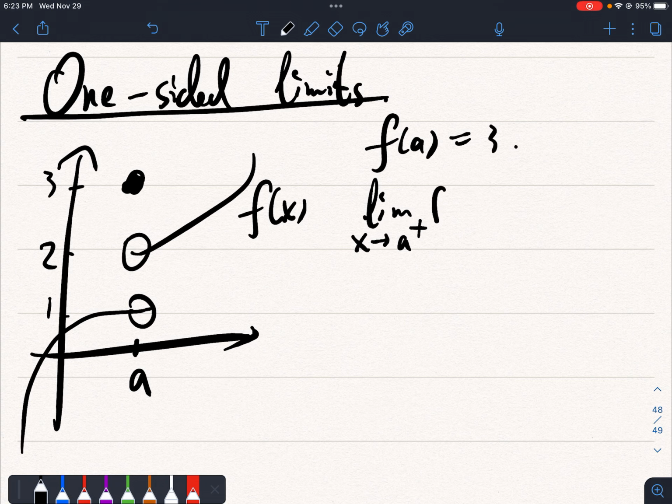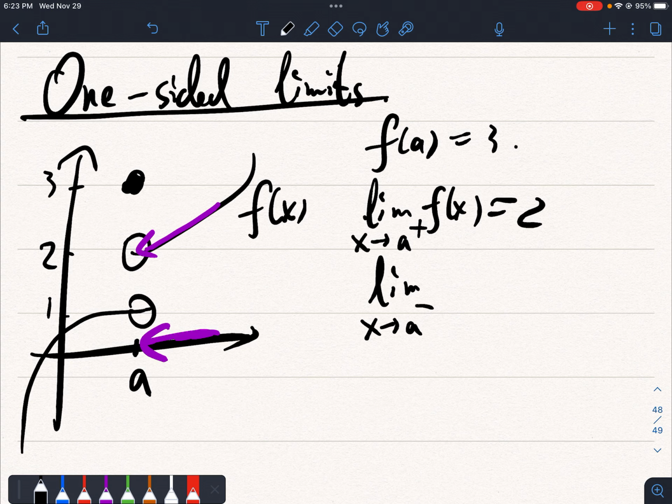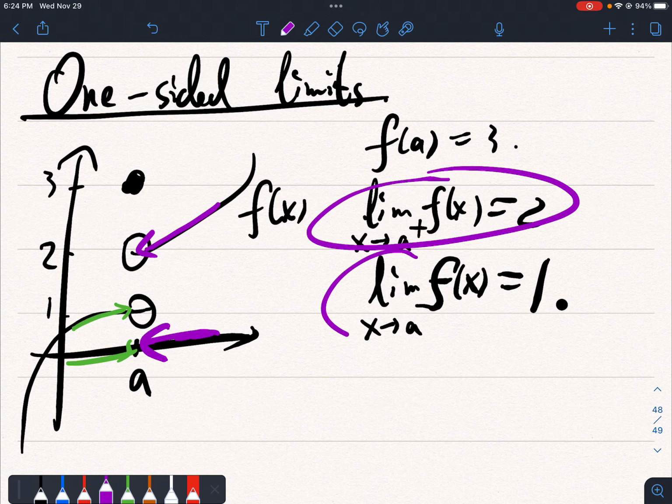And the limit as x approaches a from the right, okay? We will denote by a plus, the limit of f of x as x approaches a from the right. Then we look at the graph. It clearly approaches 2. And if we look at the limit as x approaches a from the left, then it appears that it will approach 1.